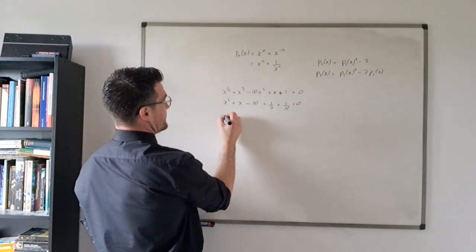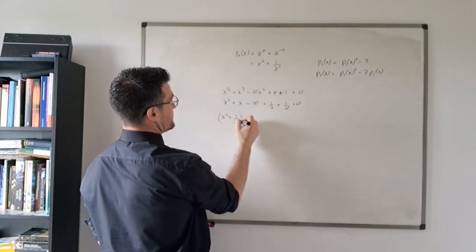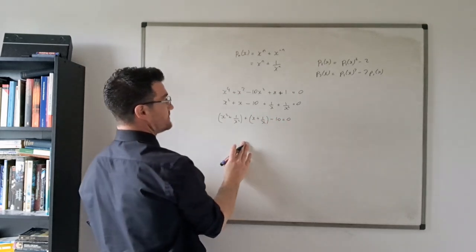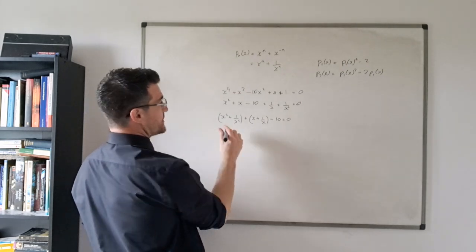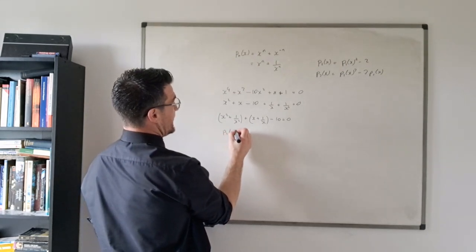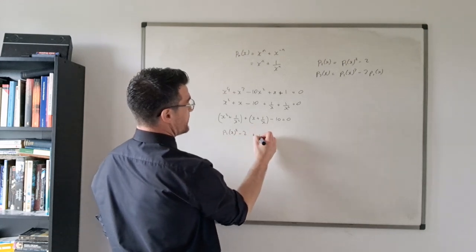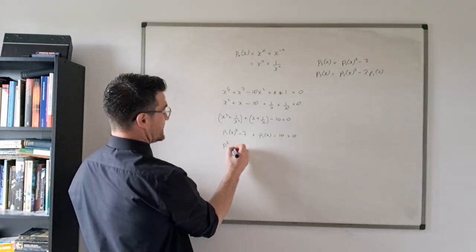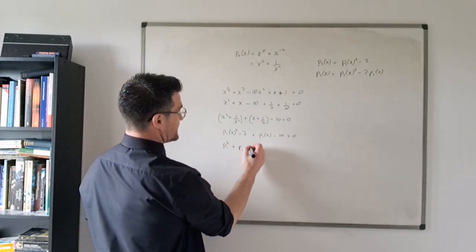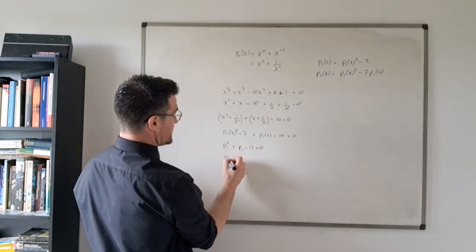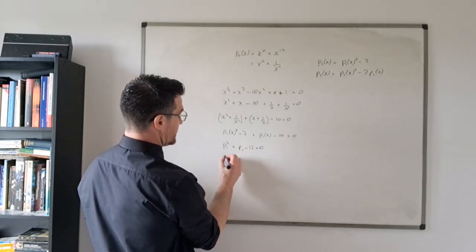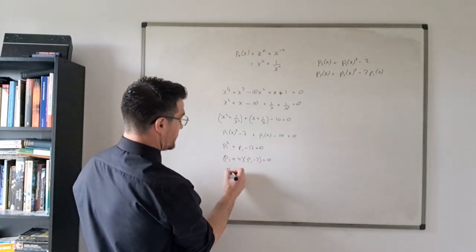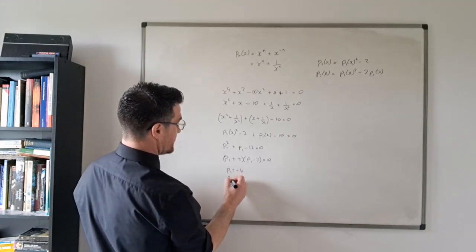Therefore, x squared plus 1 over x squared plus x plus 1 over x minus 10 equals 0. Would you believe it? That's P2x, which is also P1x squared minus 2. This is P1x minus 10 equals 0. So I get P1 squared plus P1 minus 12 equals 0. So P1 plus 4, it's just a quadratic, times P1 minus 3 equals 0. So P1 equals minus 4, or P1 equals 3.